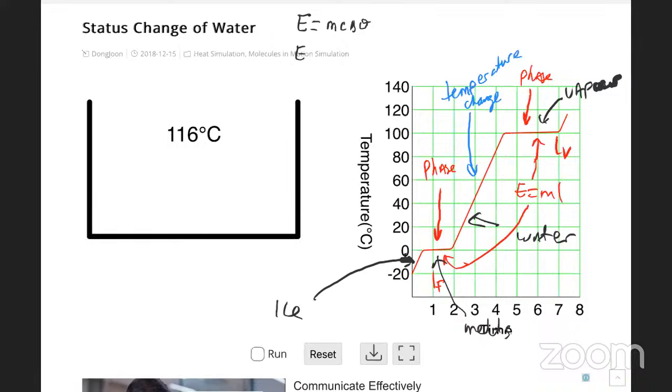Formula for phase change, mL. Anybody writing online?